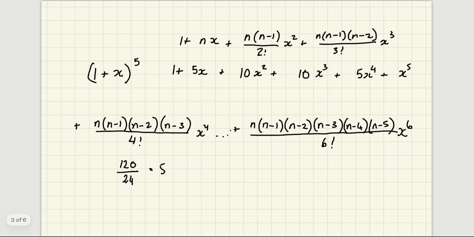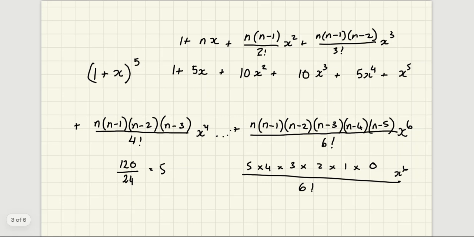You know there's no x to the power of 6, but the formula would allow you to carry on going. But what's going to happen? This would be 5 times 4 times 3 times 2 times 1 times 0 all over 6 factorial, x to the power of 6, and then obviously the whole thing is just 0.